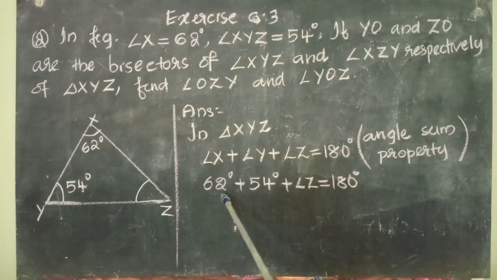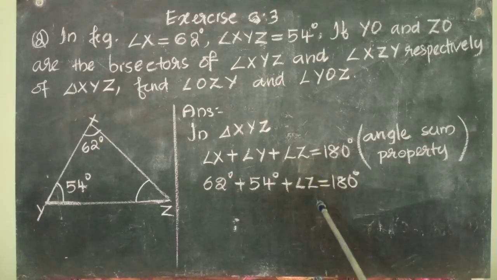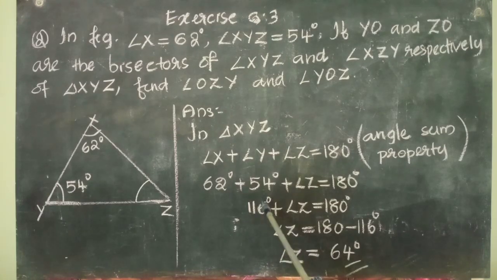That is 62 degree plus 54 degree plus angle Z equal to 180 degree. That is 116 degree plus angle Z equal to 180 degree. Angle Z equal to 180 degree minus 116 degree.